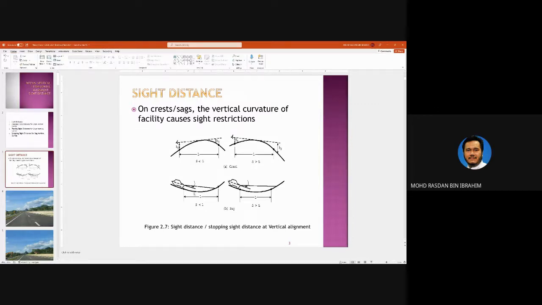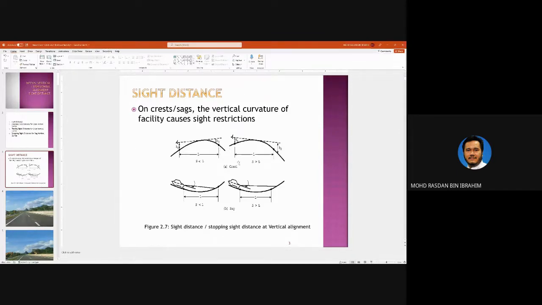But for sag vertical curves, there is no hidden object except at night. At night, if we assume that your headlights can only see up to this point, and it is purely dark around you, then you cannot see an object above the headlight. But that is not much of a consideration lah. The most important ones are the crest vertical curves.